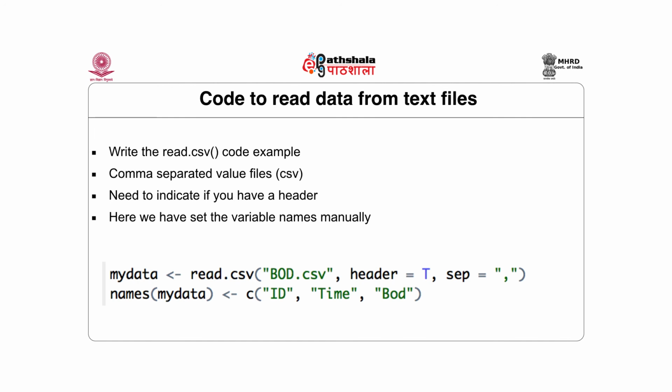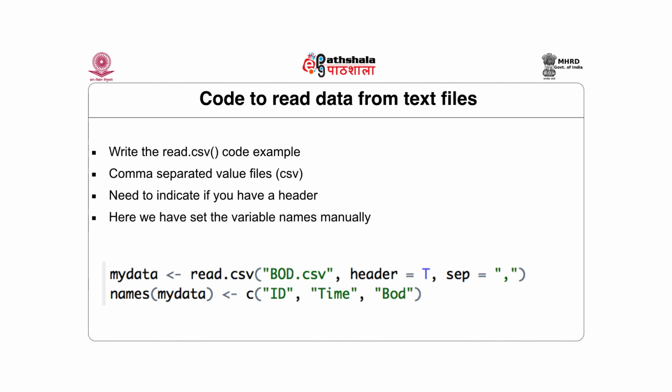So it makes sense to mention very clearly that the separator is actually a comma character, or a tab character, or a dot character, etc. Because sometimes it so happens that in some conventions, decimal points are separated by comma rather than a dot. So comma may not be a good idea to separate individual chunks of data. People use maybe a tab character. So that's the reason why you have to have a sep mentioned quite clearly.